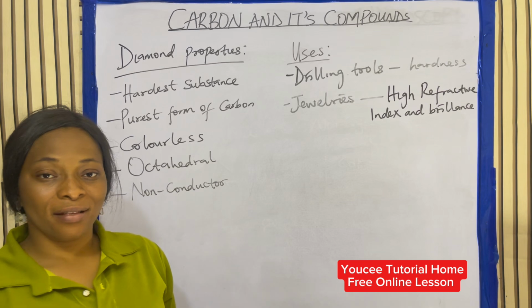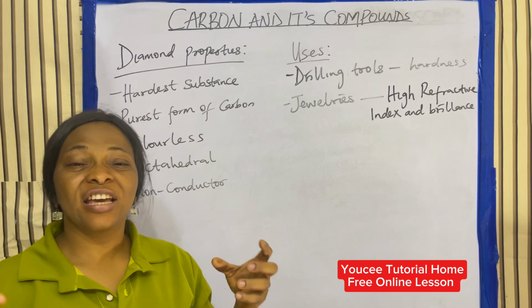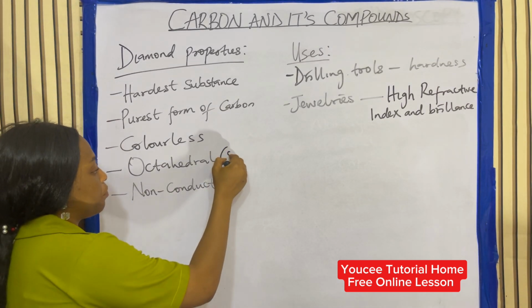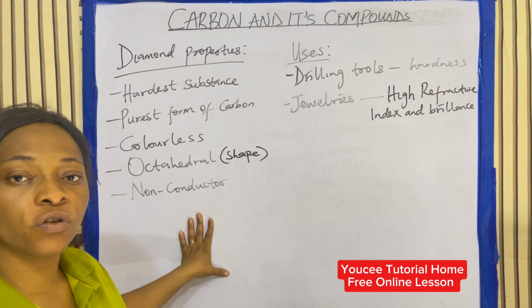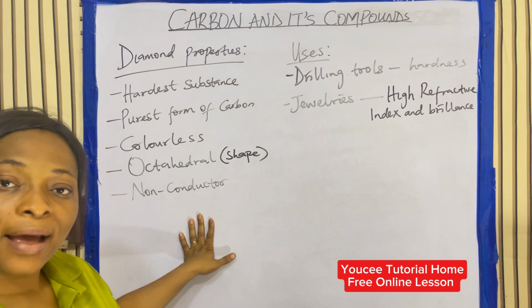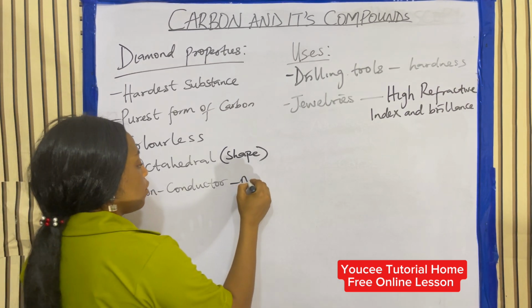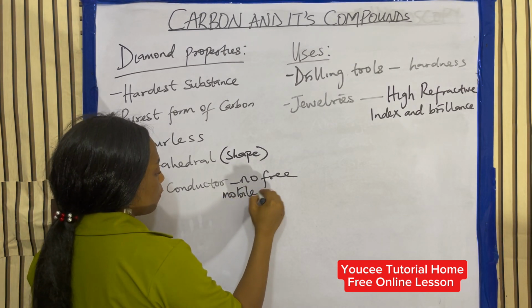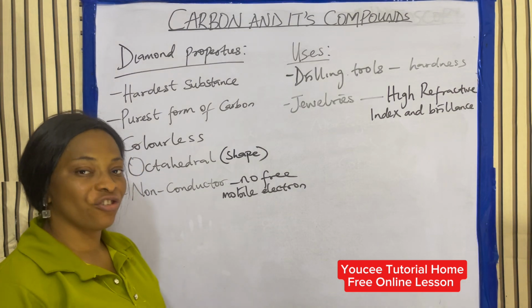It is colorless. Diamond is octahedral in shape. And diamond is a non-conductor of electricity. Why? Because there are no free mobile electrons, so it cannot conduct electricity.